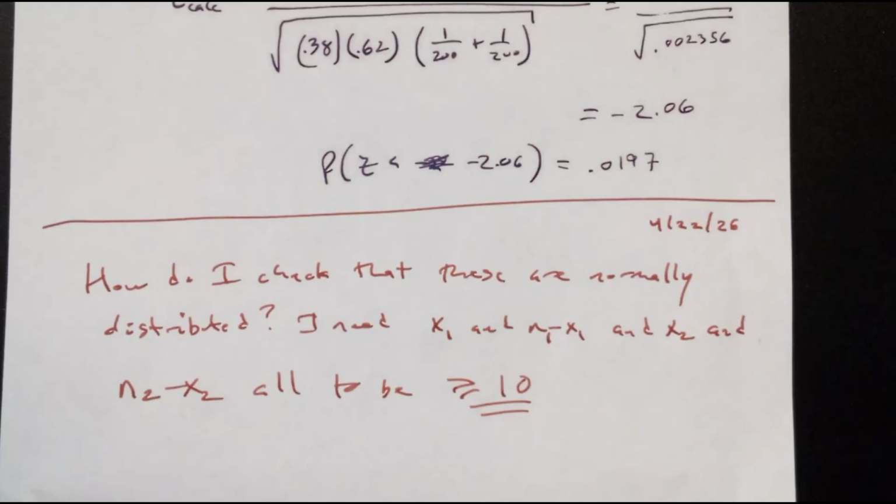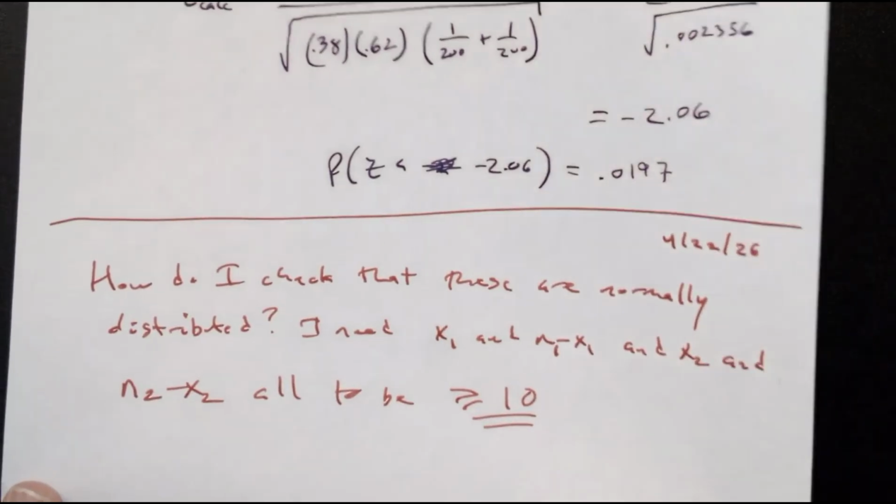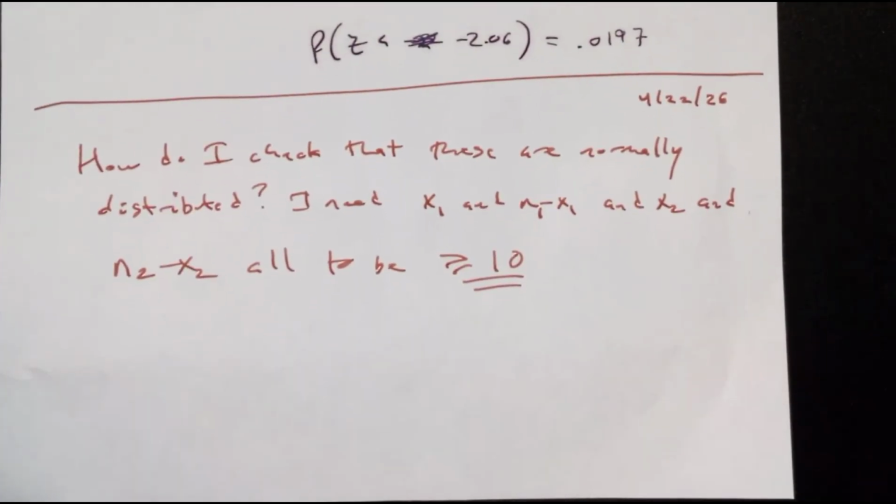If I have at least 10 in each pile, of the 4 piles I can make, then I can assume that this is normally distributed well enough to use the z-score. If not, I have to do the binomial approximation like with the eggs back in chapters 8 and 9.